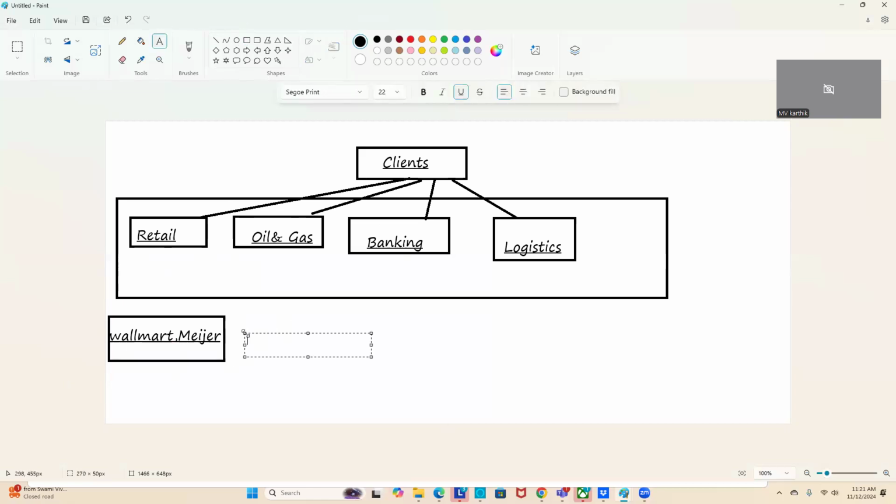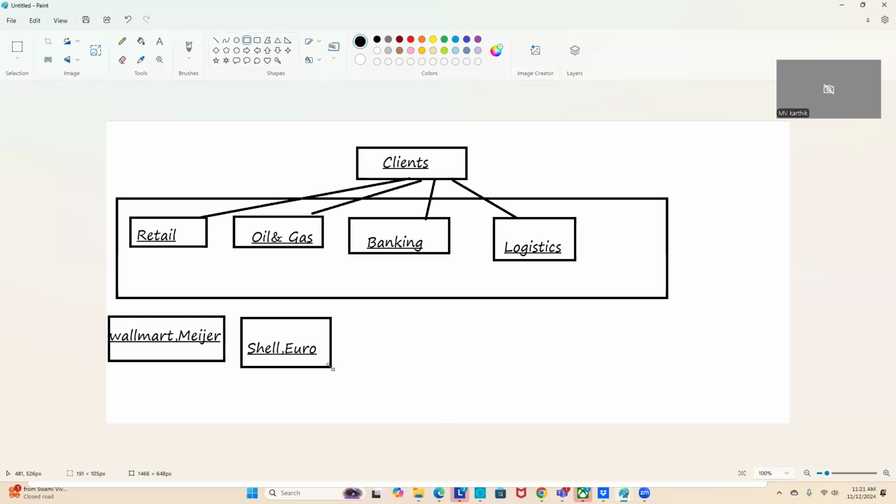Another is Shell, and if you take Euro, these are all oil companies offering the oil and gas platform. For banking, you have American and UCB, so there are various kinds of banks.